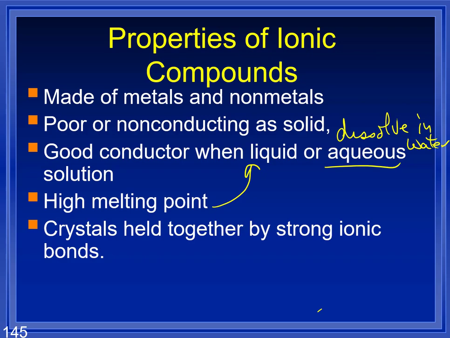And ionic bonds are going to be a lot stronger than intermolecular forces because intermolecular forces are temporary. And the charges are partial. Okay. Ionic compounds got full charges, and they're permanent.